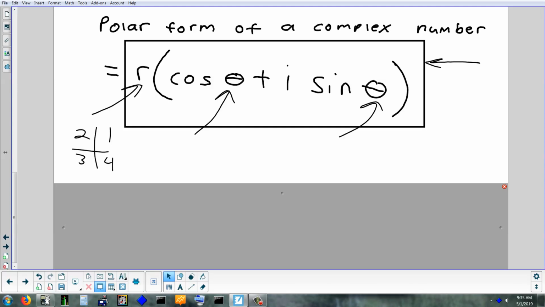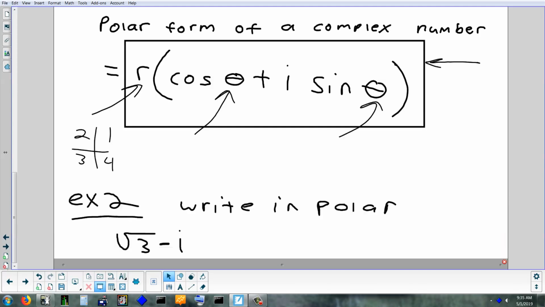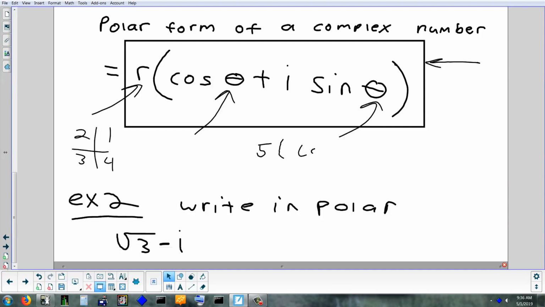All that stuff stays the same. When we do this problem out, I'm not saying this is the answer, but I'm going to show you what a final answer looks like. 5 cosine 20 degrees plus i sine 20 degrees. That's a final answer. You don't do anything with it. If you say, should I take the cosine of 20 and distribute the 5? No, you stop there. Why wouldn't you take the cosine of 20?